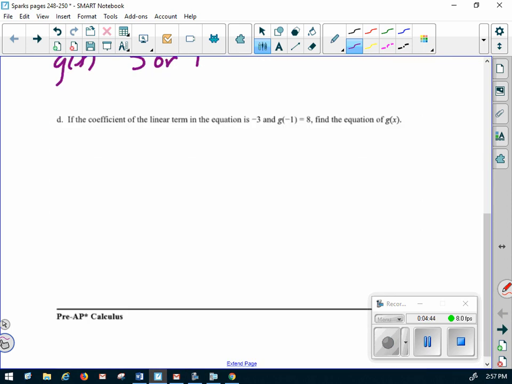Last question. If the coefficient of the linear term in the equation is -3, so that means the x is multiplied by -3, and g of -1 equals 8, find the equation of g of x. Okay?